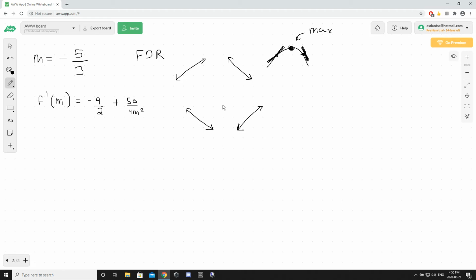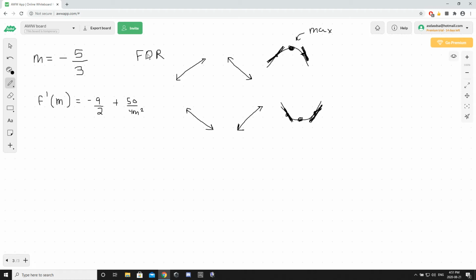Well, that happens like this. If this is your critical point, and this is one of the points you picked to the left, you're going to get a tangent with a negative slope. If you pick a point to the right, the slope of that tangent line is going to be positive. So that's the first derivative rule.